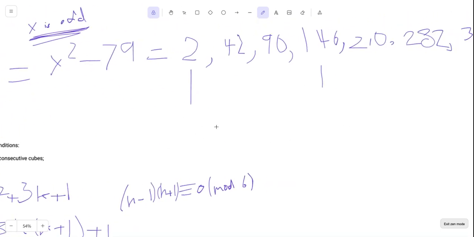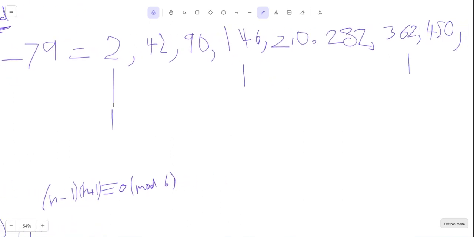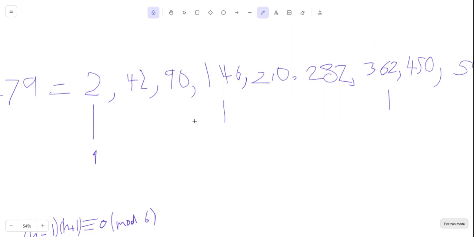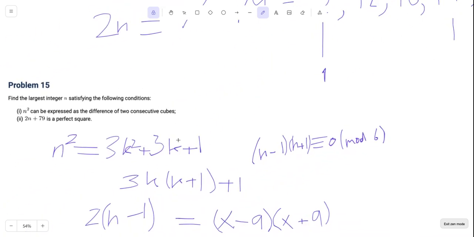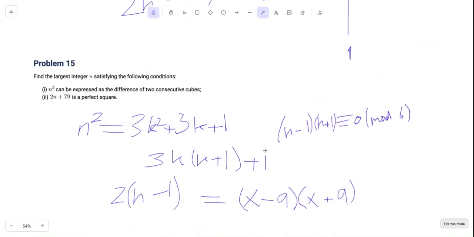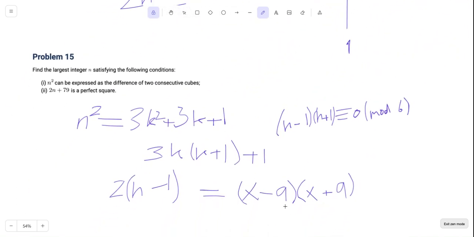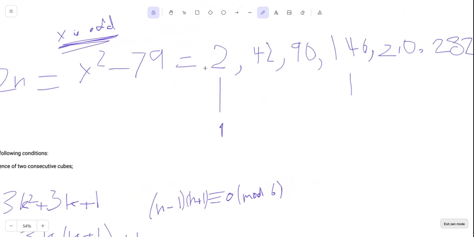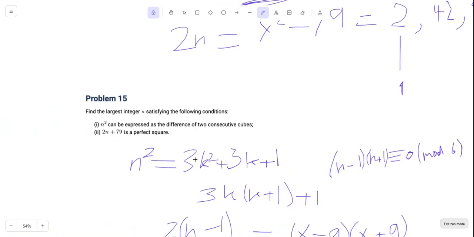Okay. This is a difference of 1 squared and 0 squared. This one gave us 73. So 73 is n. Okay, n squared.